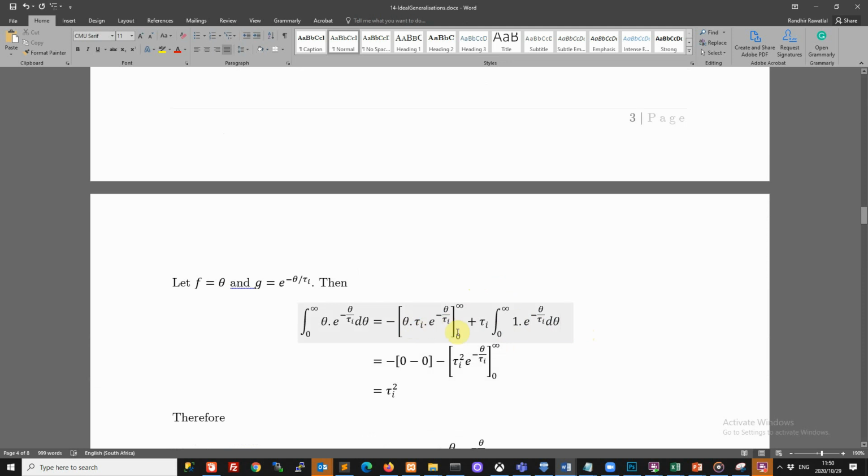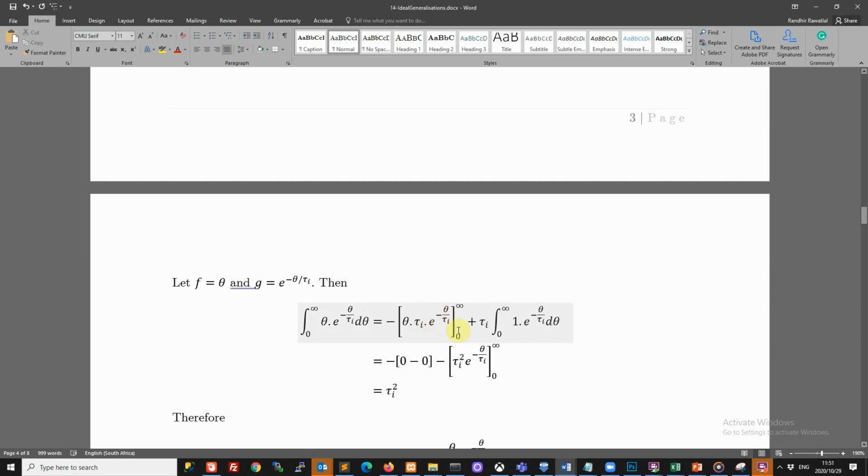And then in the next step, the first term we found was theta times this, with integration limits 0 to infinity. Now, at infinity, you've got e to the minus infinity here, and for the exponential function at minus infinity, this goes to 0.